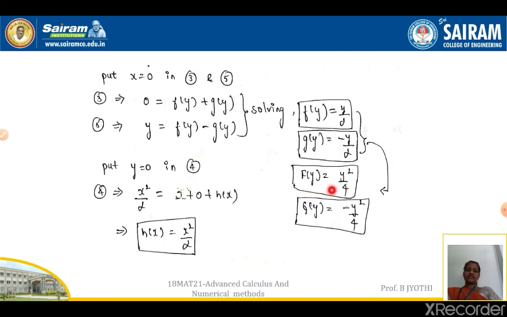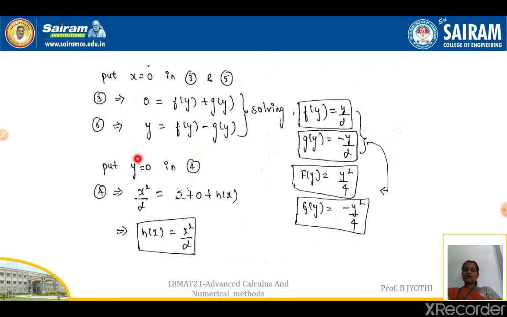When we integrate small f(y) with respect to y, we get capital F(y) = y²/4. Similarly, integrating g(y) with respect to y, we get G(y) = −y²/4.